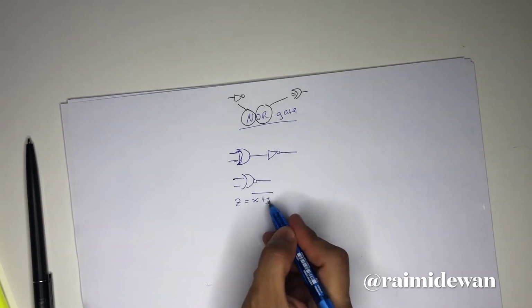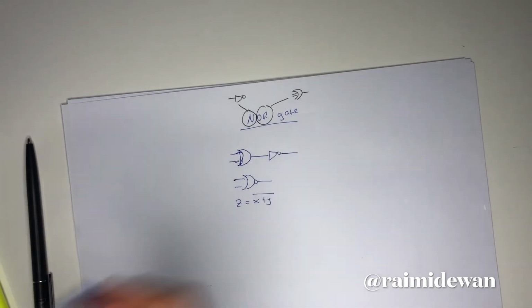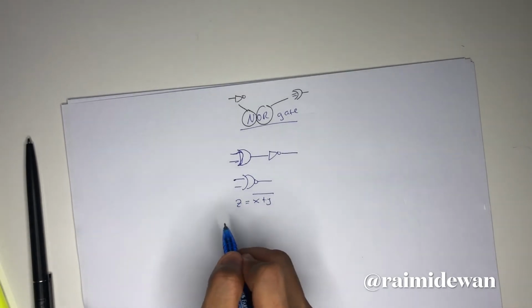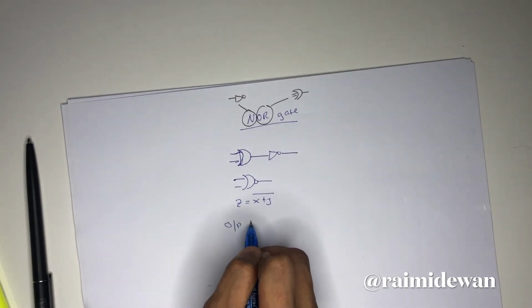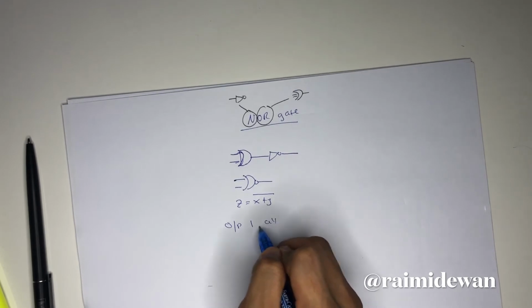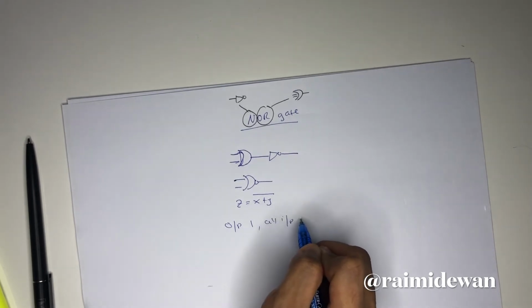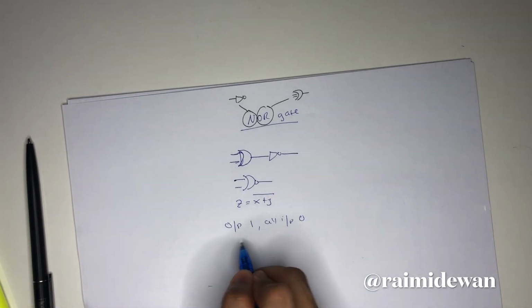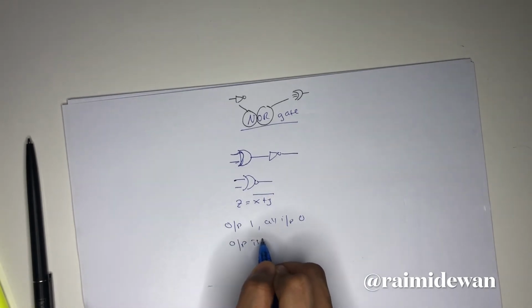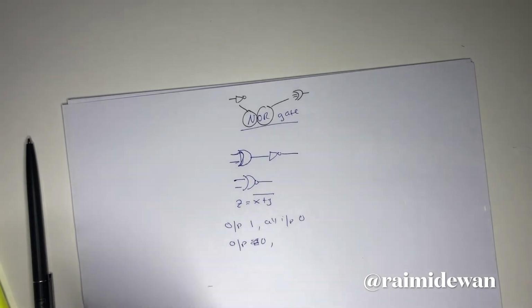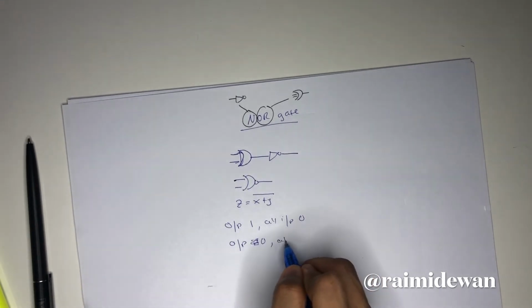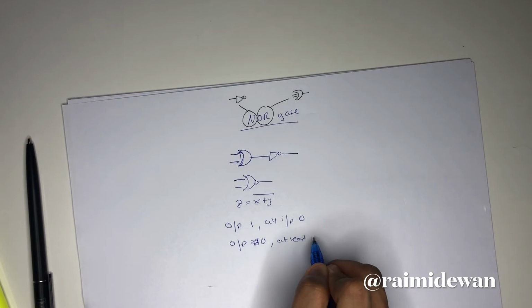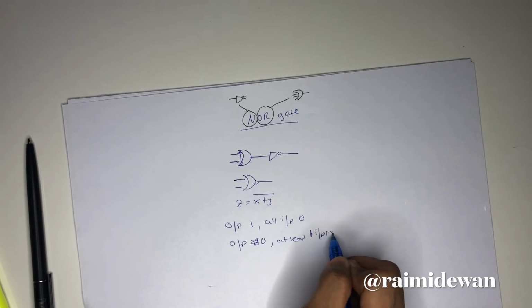x plus y, then inversion. So the logic operation is that output is 1 when all inputs are 0. The next logic operation is output is 0 when at least one input is 1.